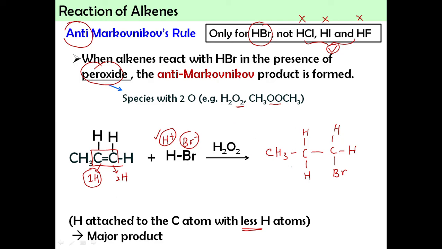Lepas tu jadikan single bond. And then figure out apa yang ditambah. Tengok balik reagent. Okay, and then kalau kena follow Markovnikov, you have to follow the Markovnikov rule. So, anti-Markovnikov untuk HBr sahaja. Okay? So, hopefully boleh faham the reactions of alkenes. And that is all for this video. Thank you for listening.